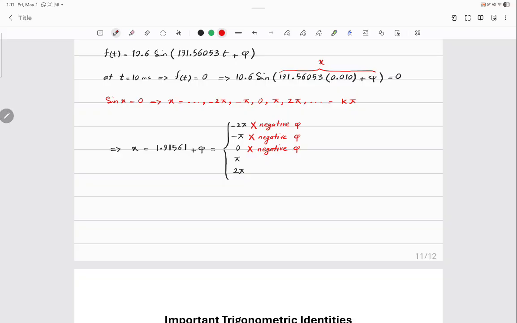Let's go to pi. It's positive because pi is 3.1415, so it's greater than 1.9, and it will give you a positive value. But it's not going to be my answer.